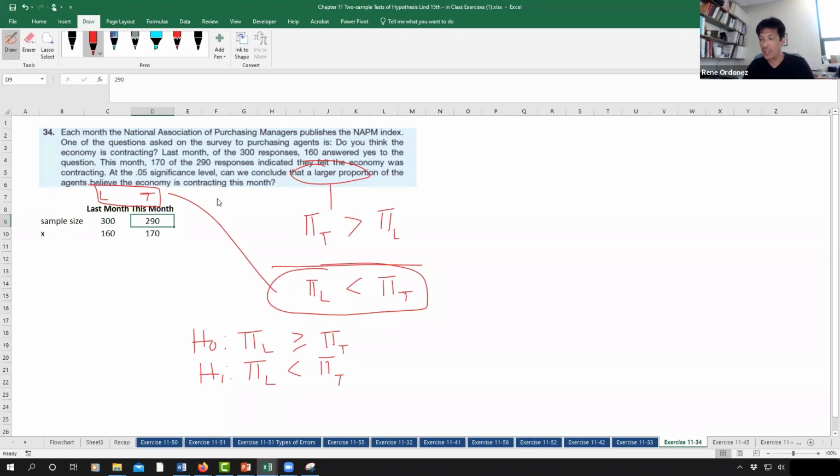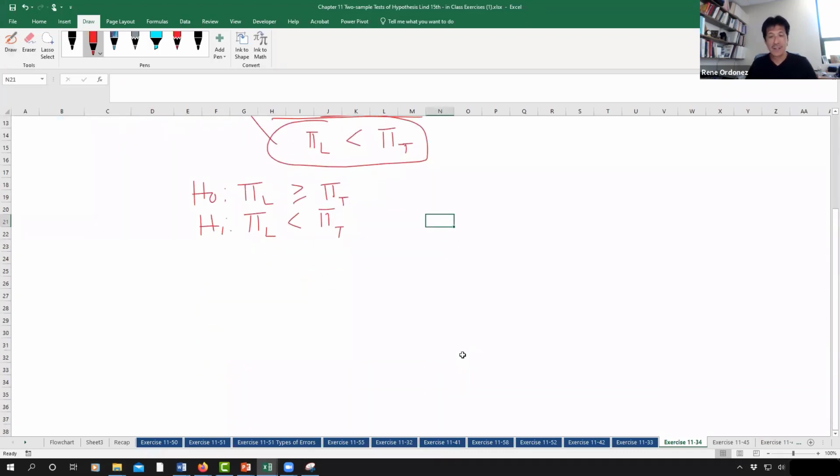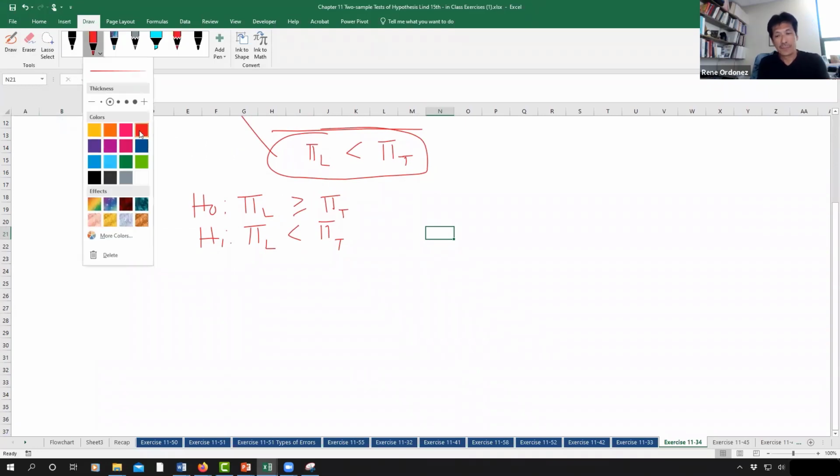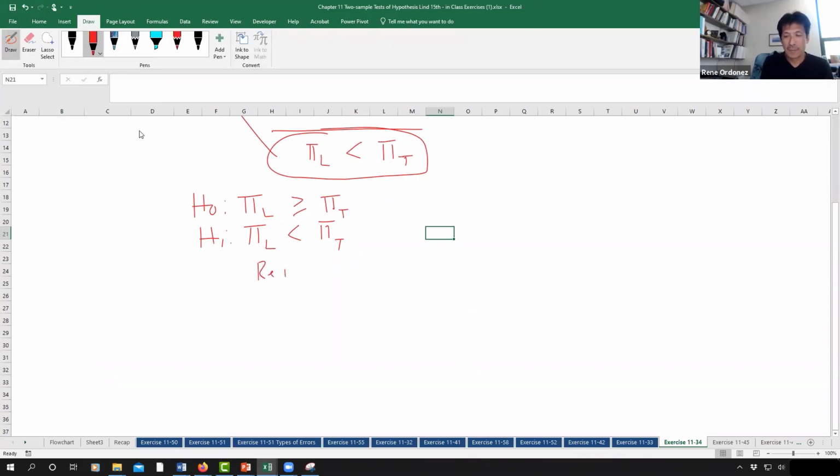The decision rule will be to reject the null hypothesis if the computed z is less than the critical z, or if the p-value is less than alpha.